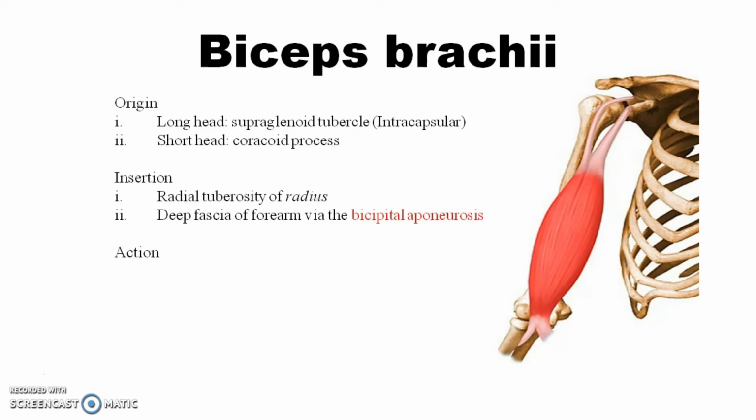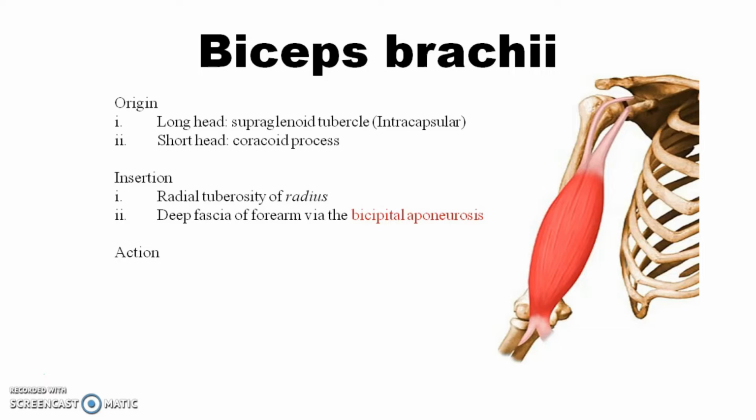Then we will be having the short head, which is taking origin from the coracoid process. Before we had seen the same coracoid process giving origin for another muscle called coracobrachialis. So the coracoid process is giving origin for 2 muscles, one is coracobrachialis and another one is biceps brachii.